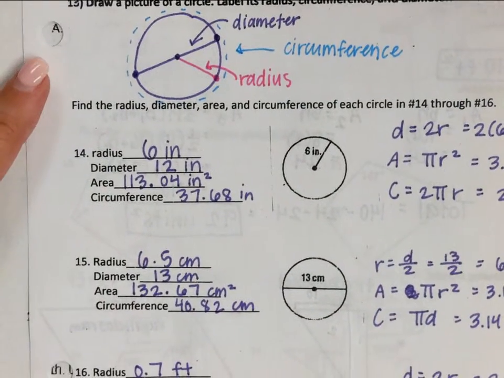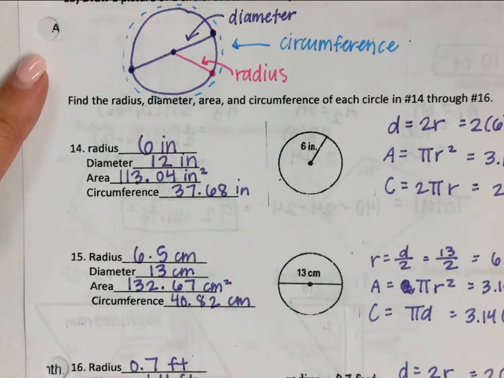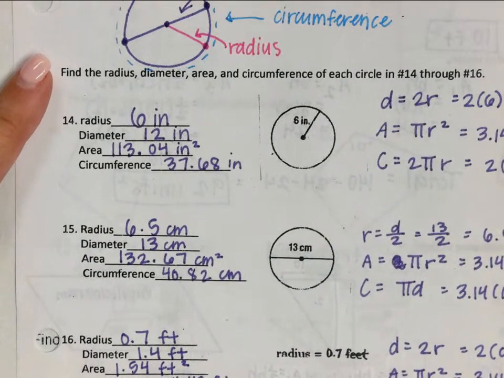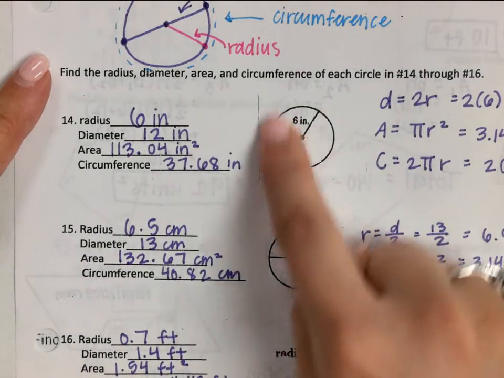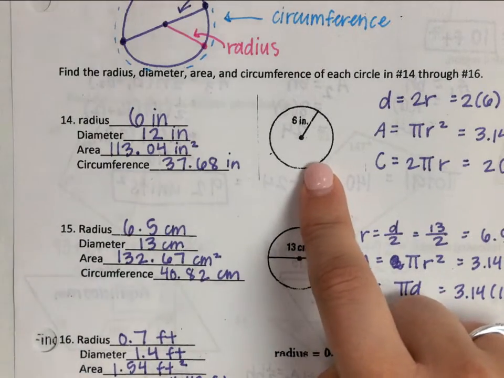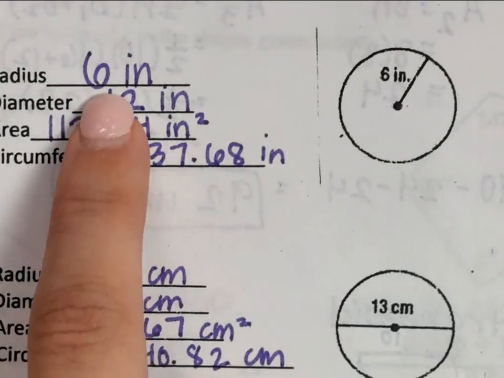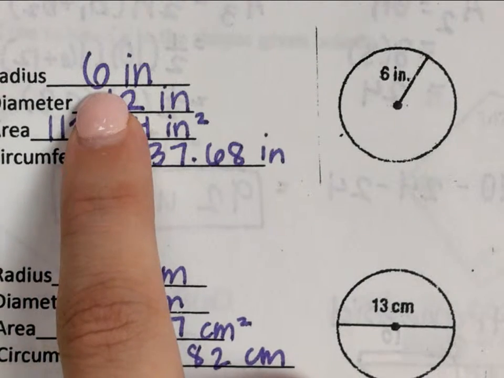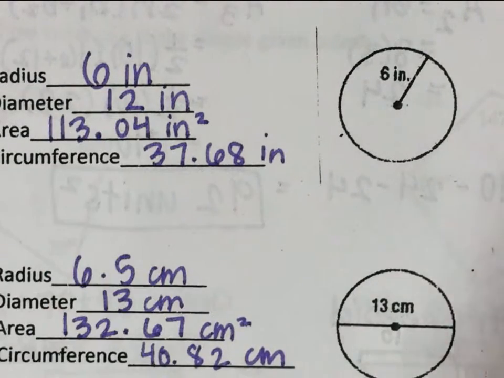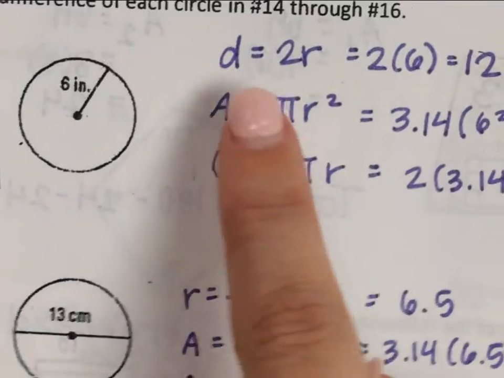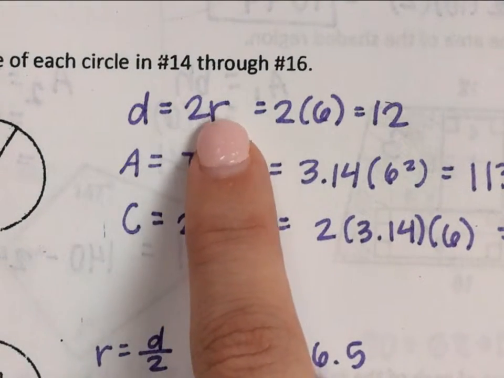14 through 16, you're finding the radius, diameter, area, and circumference. Looking at number 14, what piece of information was given to me? The radius, which is 6 inches. So you can go ahead and fill in the radius. Then you remember that you can find the diameter by doing 2 times the radius.